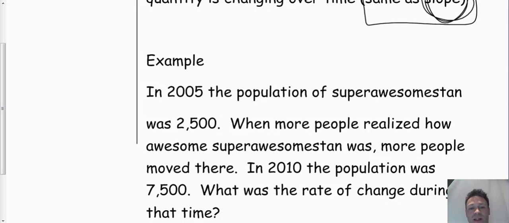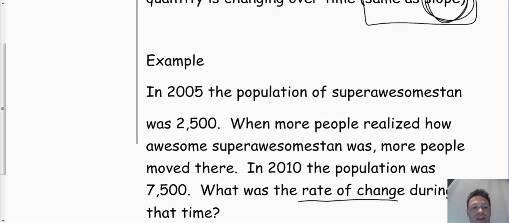So, in 2005, the population of Super Awesome Stan was 2,500. When people realized how awesome Super Awesome Stan was, more people moved there. In 2010, the population was 7,500. What is the rate of change during that time?